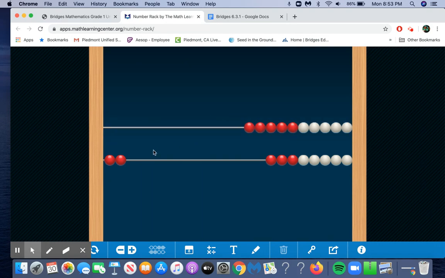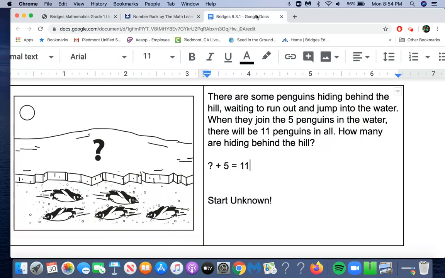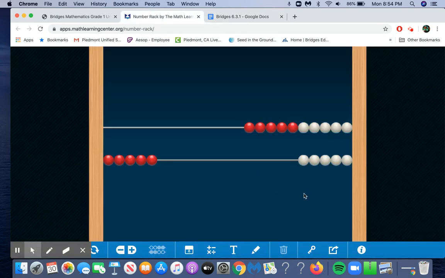First, I have to clear this away. So let's think about the number we don't know that's behind the hill, okay? And then there are 5 penguins that are in the water. We knew that, right? All together, there are 11. How many might have been behind the hill?